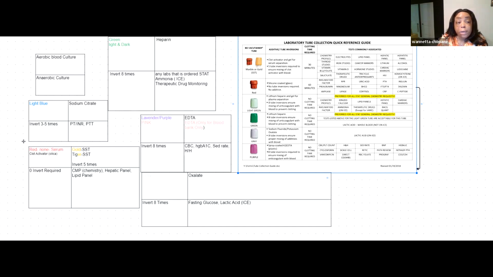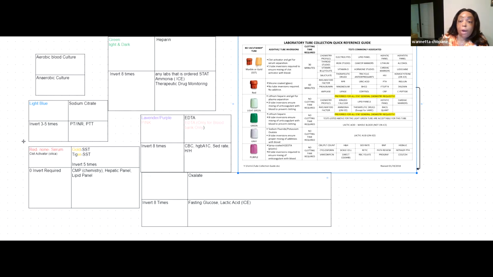We do invert them 5 times to ensure mixture with that gel substance it has in there. We do let it clot, but I'll talk about the clotting part more on Saturday. But the most common tests that you will see in your SST tubes are chemistry panels, lipid panel, which is cholesterol panel, and hepatic panels, okay?